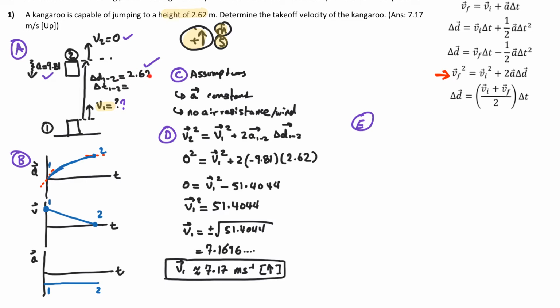So in order for it to travel the same amount of distance, this velocity should increase to be able to travel as far, because it's being pushed back by the gravitational acceleration right now, and it would be pushed back further by air resistance if there was air resistance. So that velocity would need to increase in order to get the same displacement.